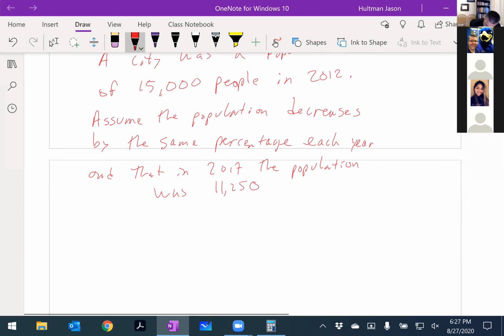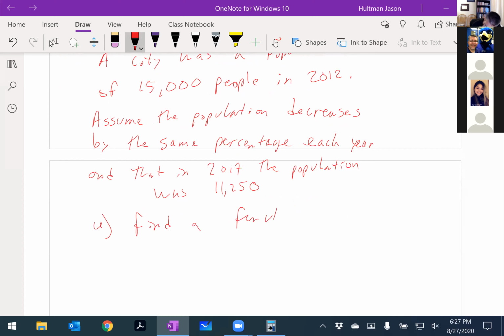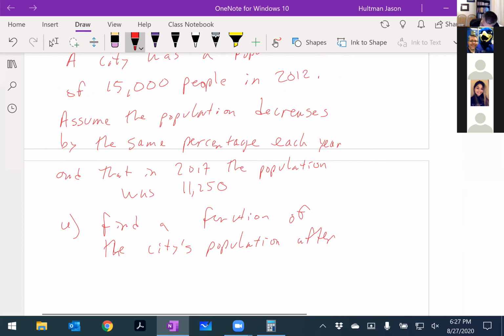Okay, find a function. So A, find a function of the city's population after 2012.